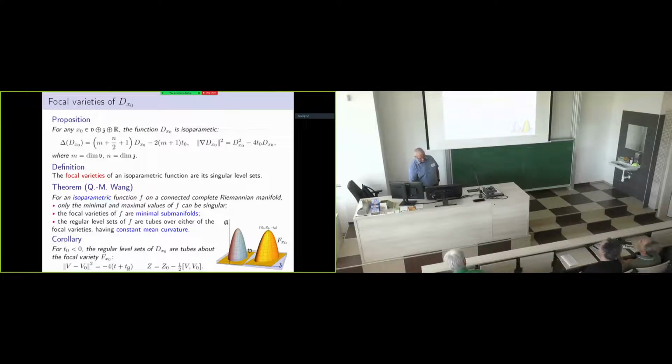And the second equation is just a way to express z as an inhomogeneous linear function of v. So for any point on this paraboloid, you should add the z coordinate, which depends on v linearly.